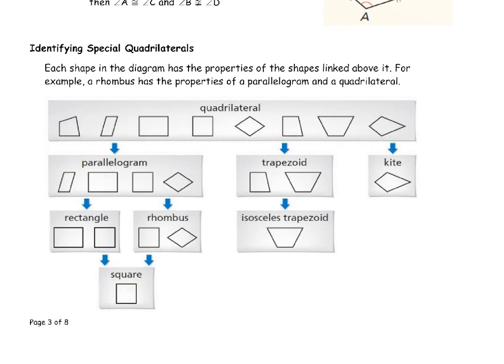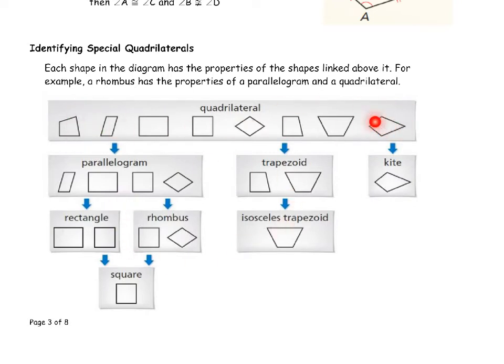So, identifying special quadrilaterals. Each shape in the diagram has the properties of shapes linked above it. For example, a rhombus has the properties of a parallelogram and a quadrilateral. This refers back to the family tree that we made. These are all quadrilaterals, okay?